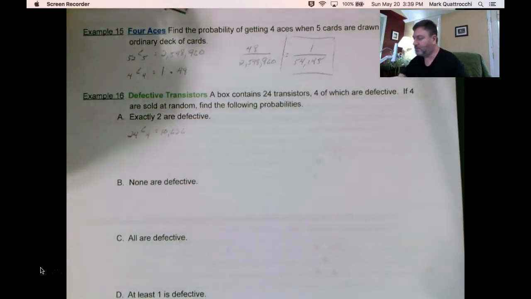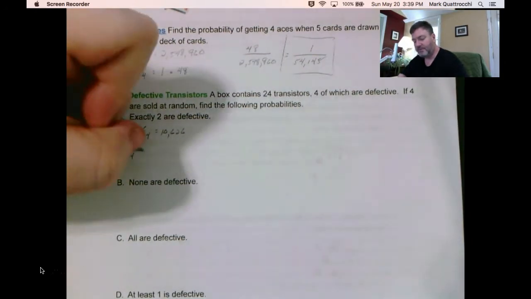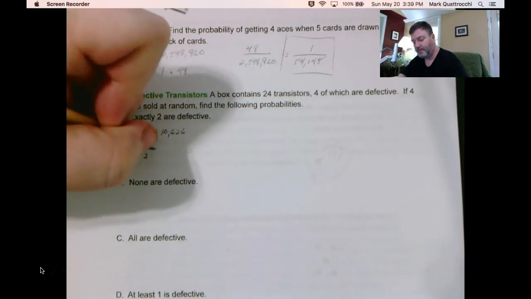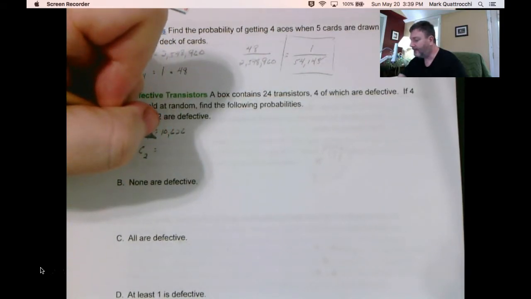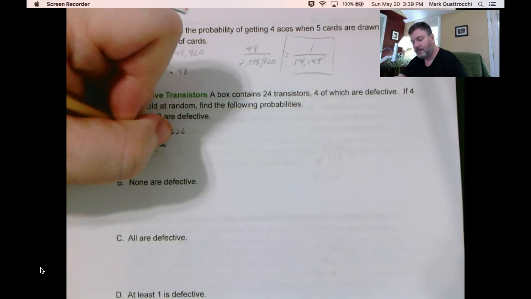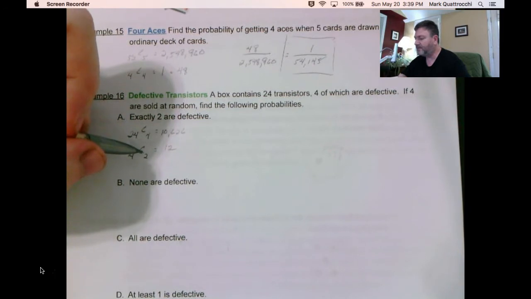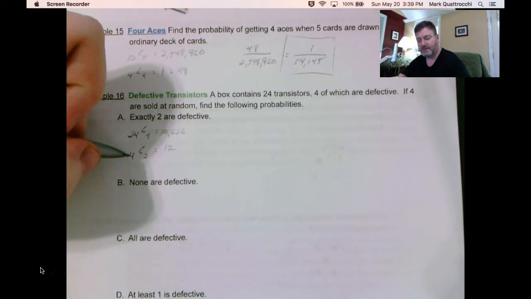And we want 2 of them to be defective. So there are 4 defective ones, we're choosing 2 of them. That's 4 choose 2. That's 12. And if I'm taking out 2 of the 4 defective ones, then the other 2 are going to be not defective.